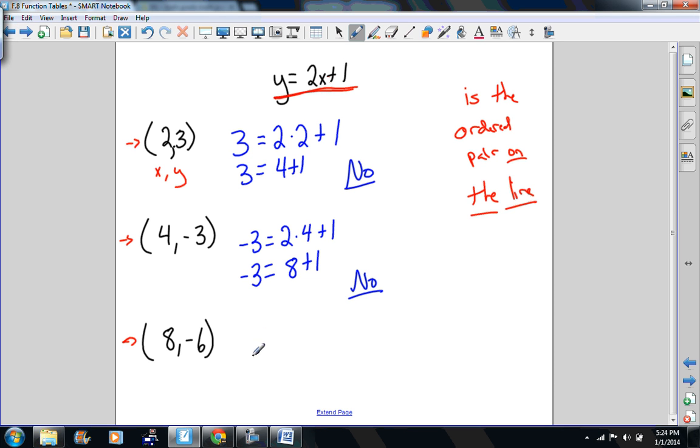And finally, the last one, I go -6 is equal to 2 times 8 plus 1. So that's 16 plus 1. And that does not equal -6. So none of these are on the line. Okay?